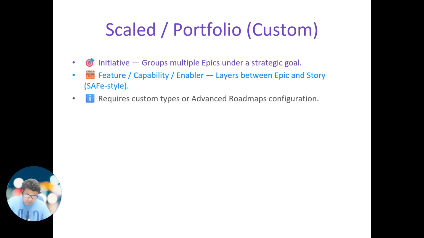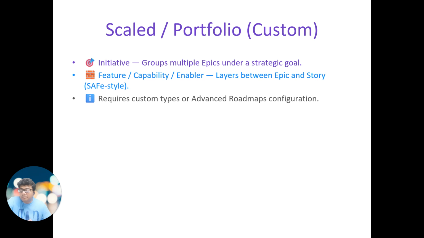We can also use feature, like any feature. For example, if I talk about YouTube, one feature can be creating shorts, one feature can be creating podcasts. So these can be features. Capability and enabler: capability is what the capability of it is, mostly related to technical tasks. Enablers are, like, there must be some architectural work in the team, right?